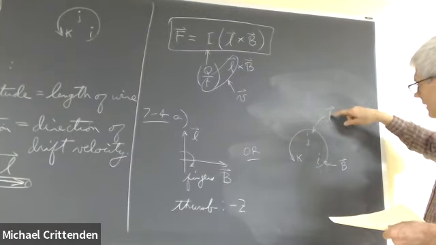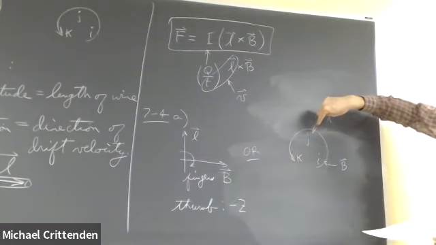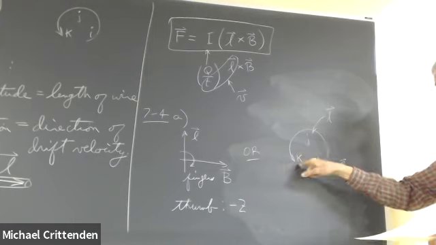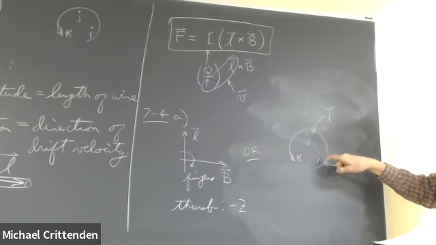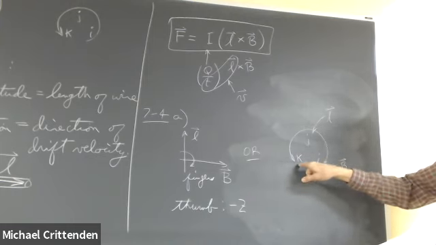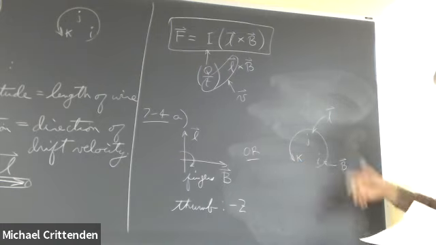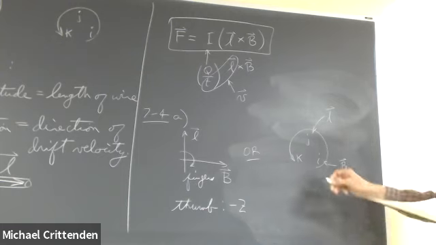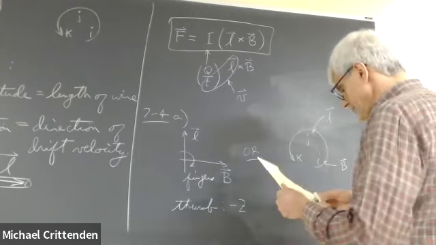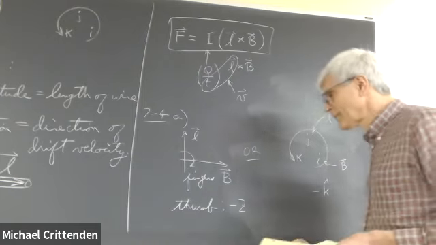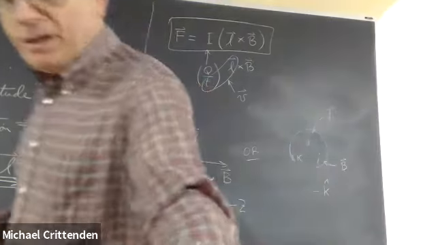So L cross B, start here. J cross I is negative K, okay? L cross B points in the negative z direction, negative because I went around in the negative direction, clockwise. And then part B is a similar kind of thing.